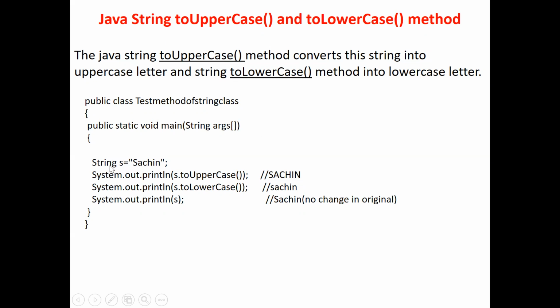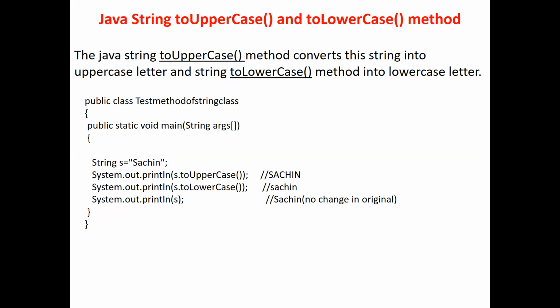If you see here, I have created such in, and s dot toUpperCase means I'm instructing the JVM that this string value should be printed in uppercase. The outcome will be SUCH IN. In the case of lowercase, everything will be printed in lowercase.